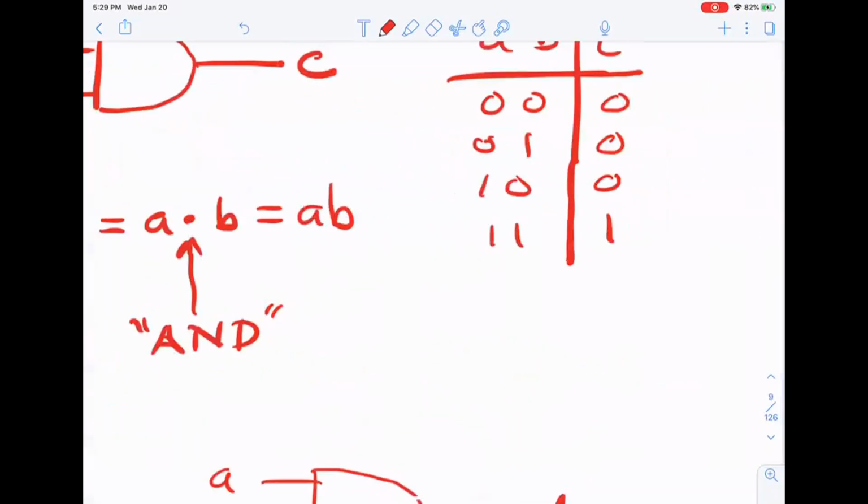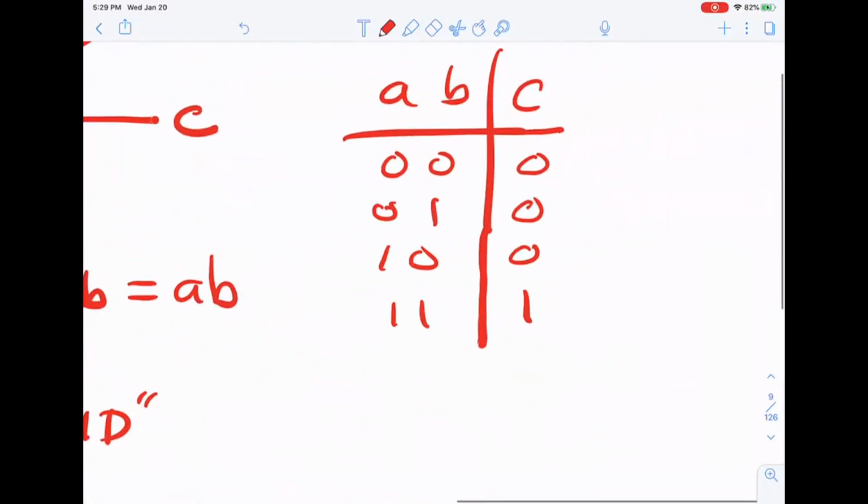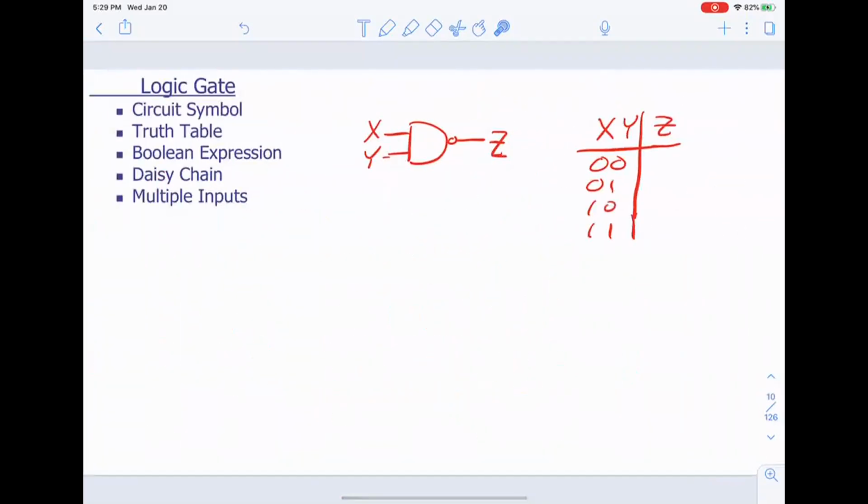Well, over here, we have to think that the output is high if A and B are on, right? This and this have to be true or 1 before that's 1 over here. So this over here, we're going to do just the opposite of that because of the not bubble right there.